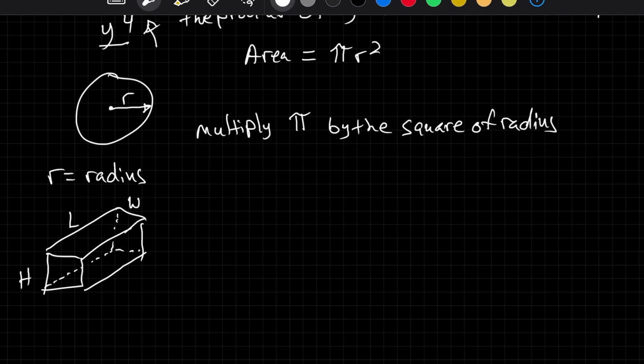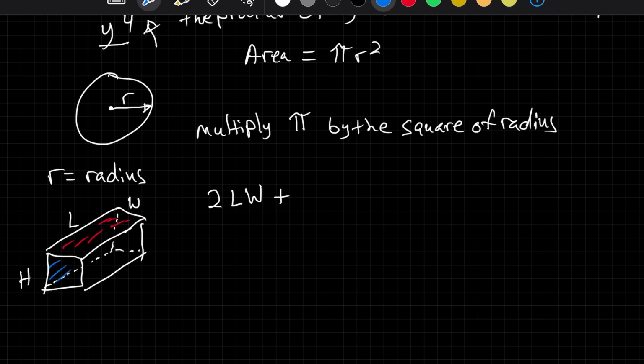So we can take, let me use a different color pen. We can take, for this area, and there's one on top and one on bottom, we can say 2 times L times W, because L times W is the area and there's 2 of them. Okay, and let's add this to another area.